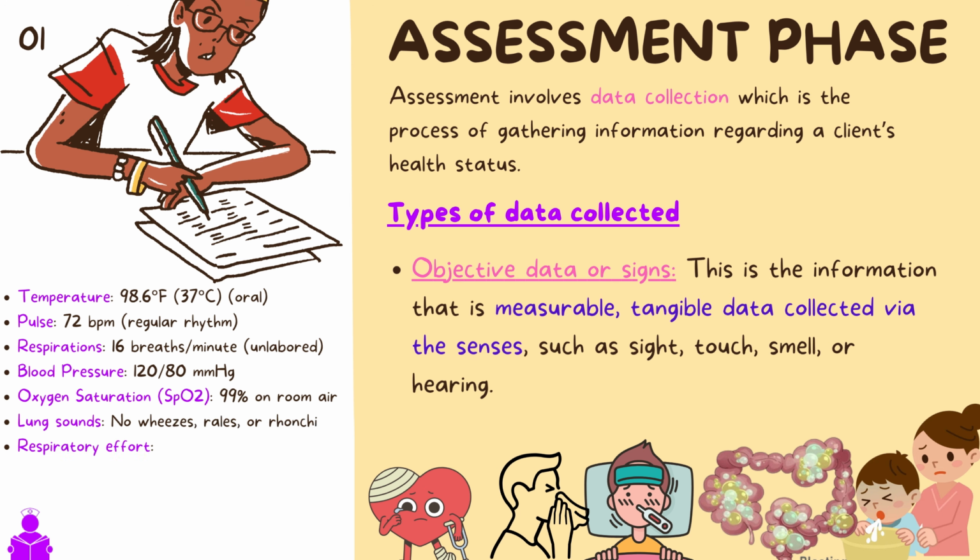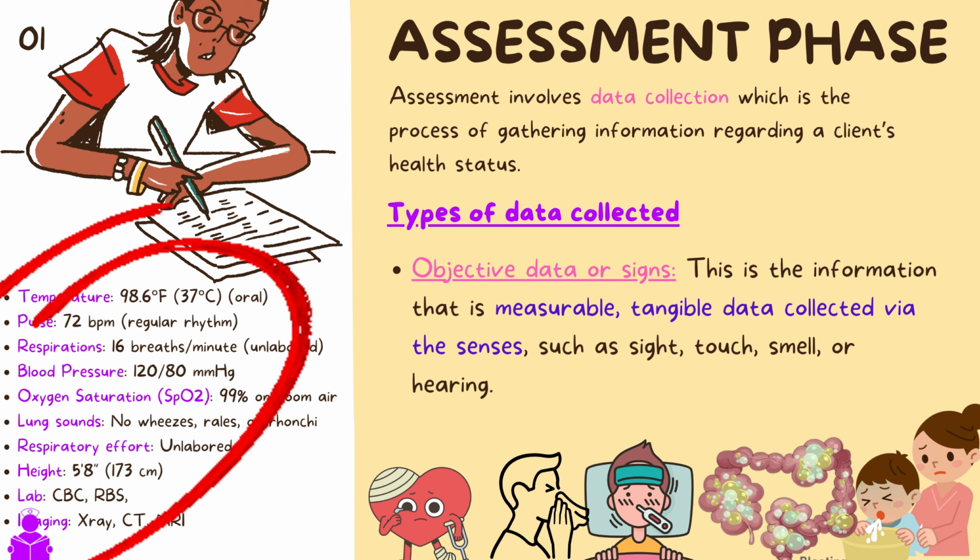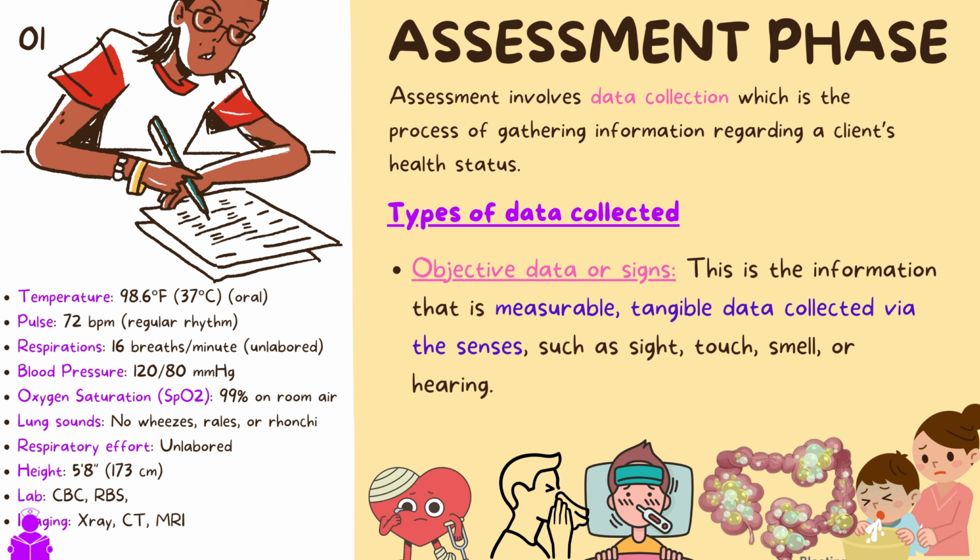Maybe you see a rash, maybe you hear wheezing, or you feel a heartbeat. It's the information we gather directly through our senses, isn't it? We can often record it numerically, like a temperature reading or blood pressure. So to summarize, subjective data is what the patient says. Objective data is what you see, hear, feel, or smell.